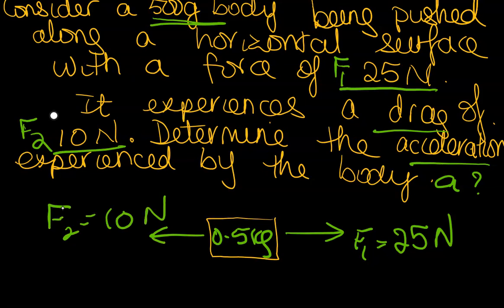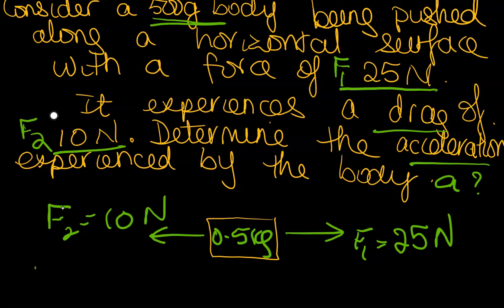Now, when you are asked to talk about acceleration, you must make the link to Newton's second law. In terms of an equation, F is equal to ma. That resultant force is the factor which causes the acceleration of a body.